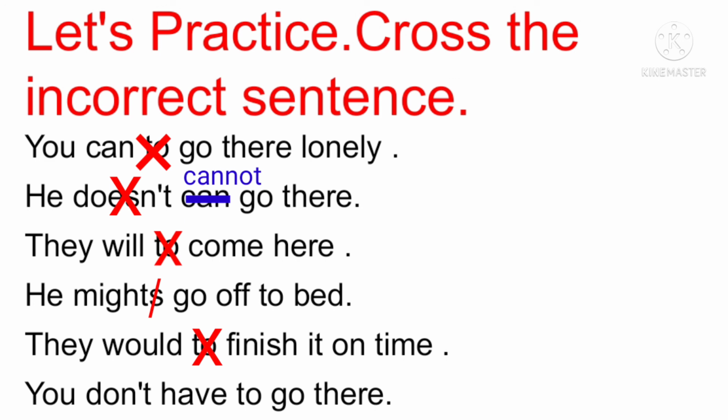Whenever "have to" is there in that sentence, you can add the extra words in the negative, like don't, doesn't, okay, won't. So here you can say: "You don't have to go there." This sentence is correct, and the rest, whatever we have done, were incorrect and we corrected them.